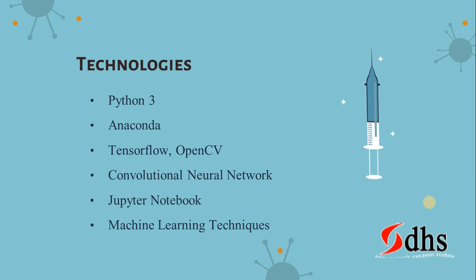We can go with the artificial neural networks, one-dimensional CNN and LSTM, GRU, simple recurrent neural network. There are so many algorithms to use. A single algorithm also we can use, as well as we can use two or more algorithms for the comparison purpose. And then completely we use Jupyter Notebook IDE, and we use machine learning techniques for data preprocessing.